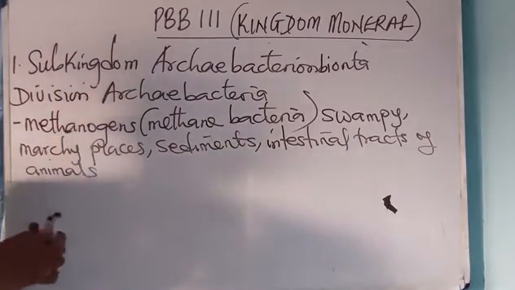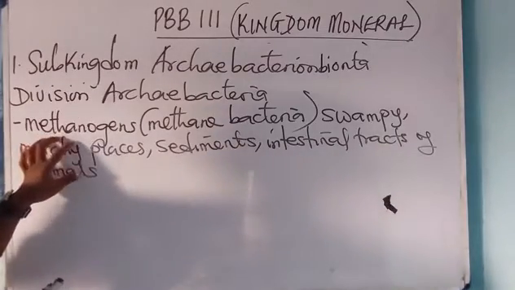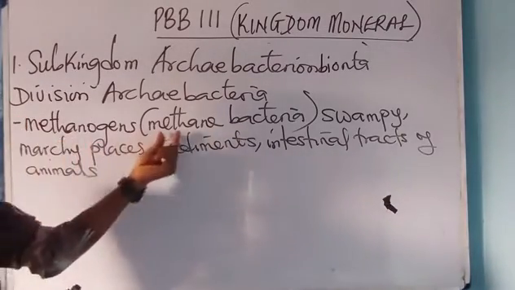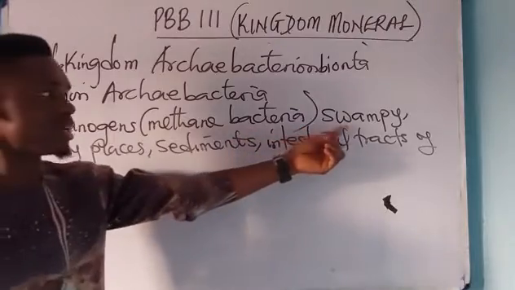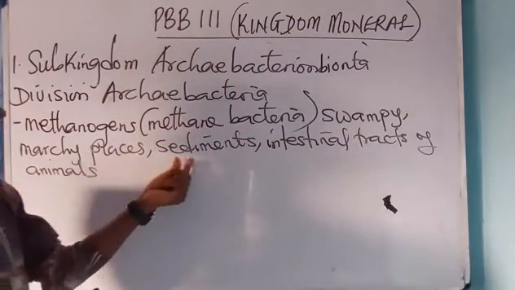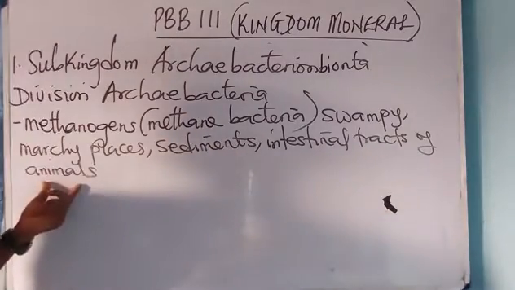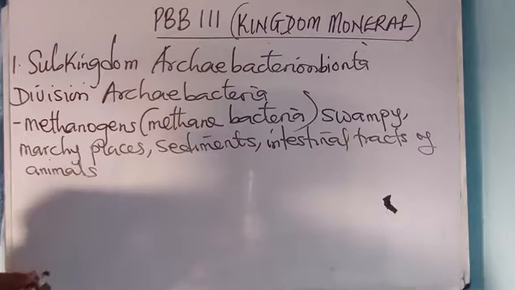They're also found in the intestinal tract of what? Animals. Now I said the methanogens, otherwise called methane bacteria, are found in swampy, marshy places, sediments, even the intestinal tract of animals.